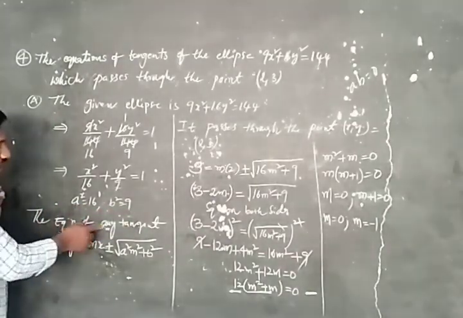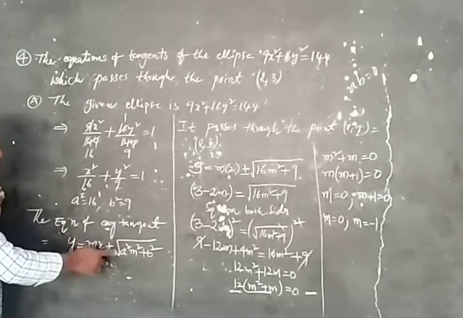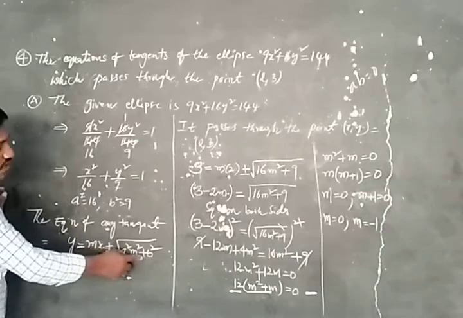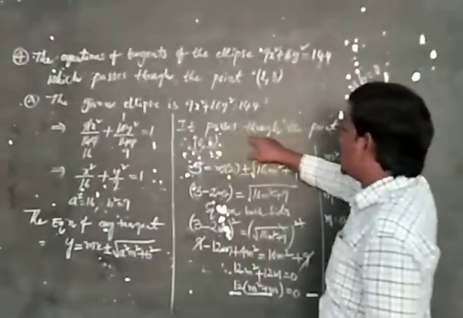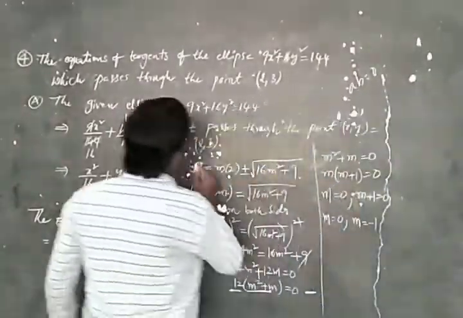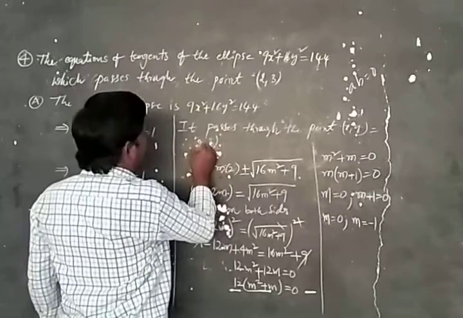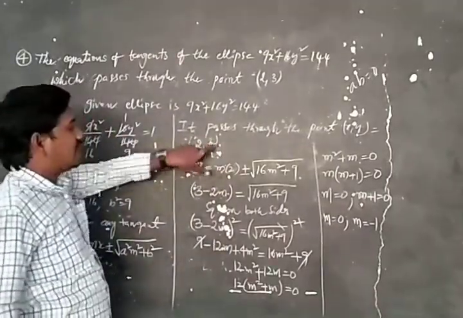The equation of any tangent to an ellipse is y equal to mx plus or minus root of a square m square plus b square. It passes through the point (x, y) equal to (2, 3). Substitute the values of x and y.